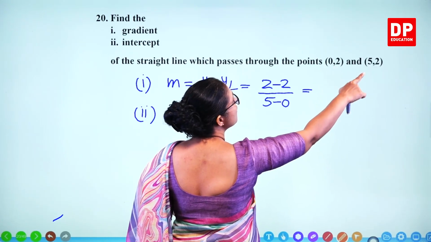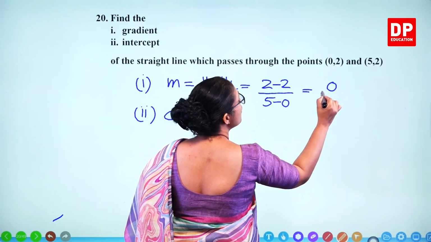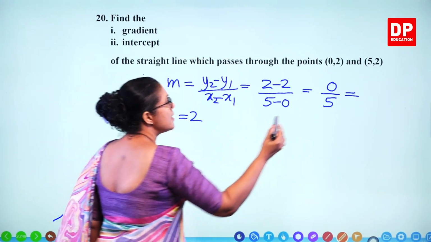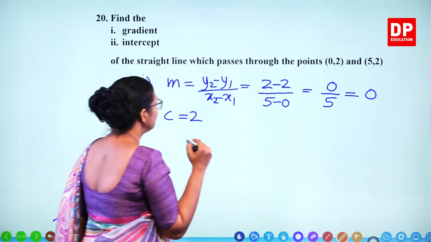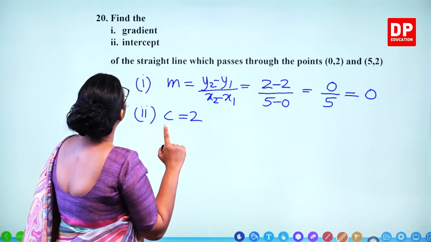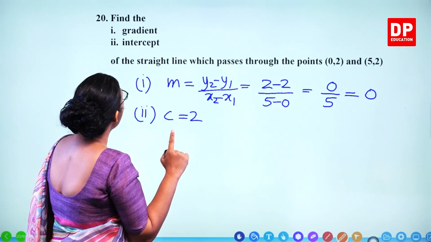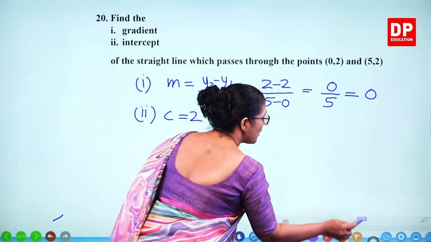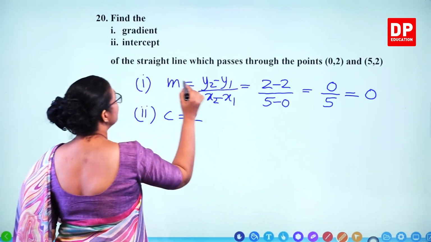You get 0 divided by 5. 0 divided by any number is 0. So the gradient is 0 and the intercept is 2. You get 1 mark each.